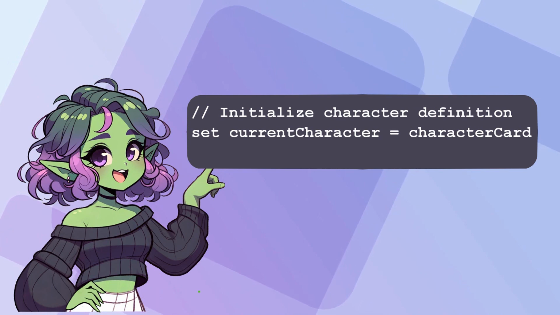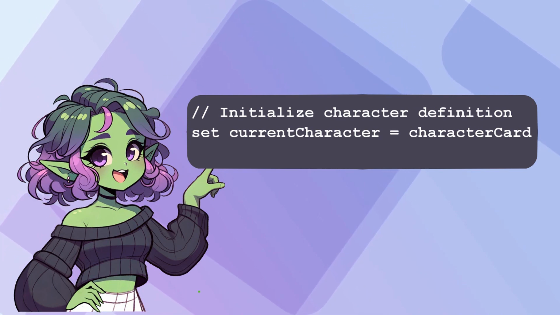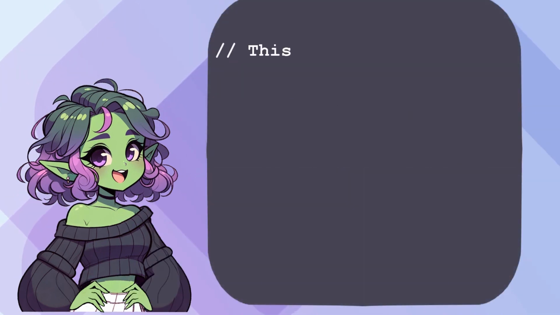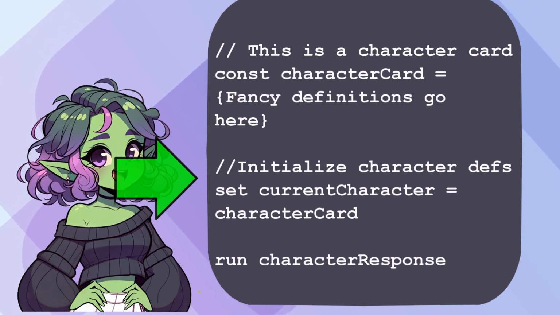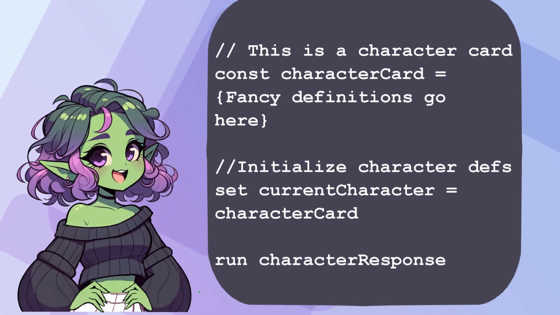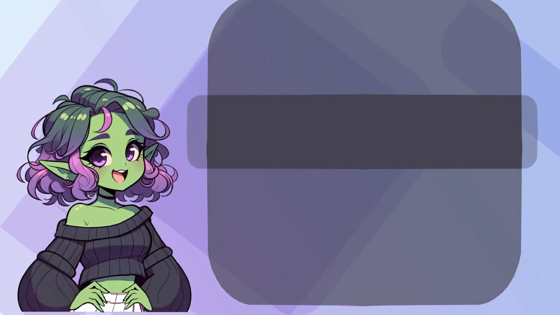The first line will read // initialize the character definition, whereas the second line will read set space currentCharacter space equals space characterCard. This tells the AI that the current character it should focus on is the one we've just defined in the character card. This will come in handy for making short form references, making our jailbreaks, or having the AI juggle multiple characters if you're into that sort of thing.